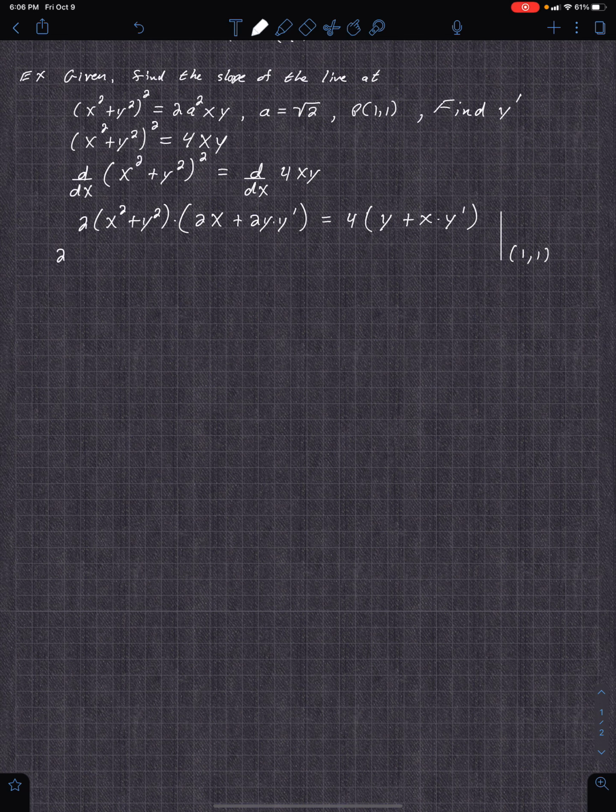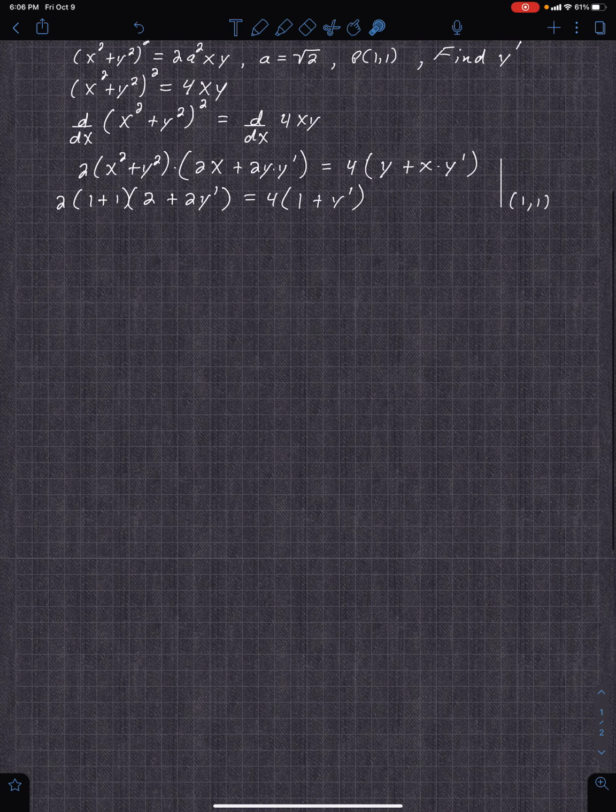So it's 2 times 1 plus 1 times, and that'll be a 2 plus 2y prime equal to 4 times 1 plus y prime. Let's double check that when we substitute. Here's a 1 and a 1. There's a 2, and there's a 2, and then a 1, and then a 1. Okay, looks good.